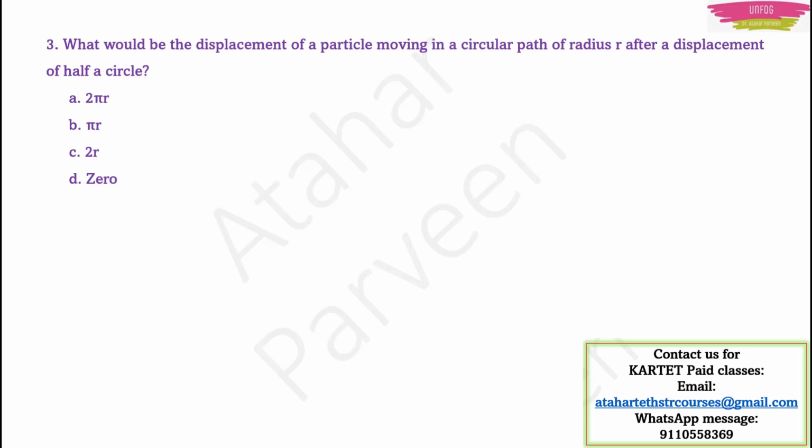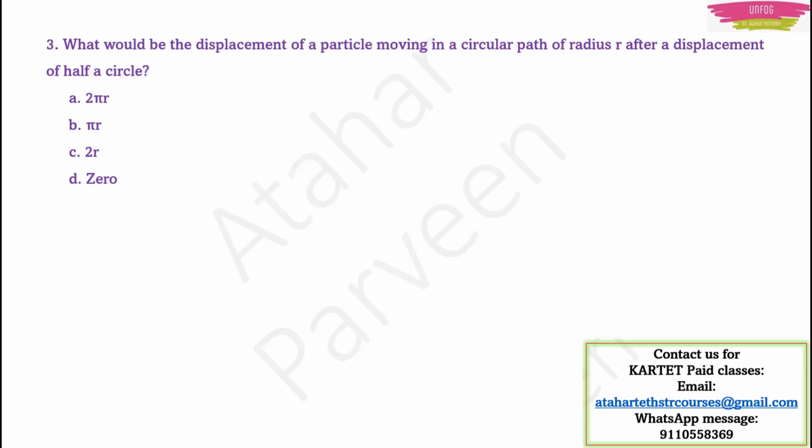Its initial point is at one point of the circle and its final point is the opposite point on that circle. If you draw a line connecting the initial point and final point of that particle, then you will understand that the distance between them inside the circle is going to be the diameter. That diameter is equal to 2r.